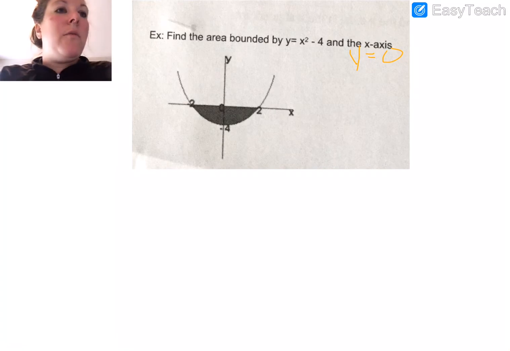You can tell by the graph on this one that the intersection points are -2 and 2, but you could have figured that out on your own by setting x squared minus 4 equals 0.